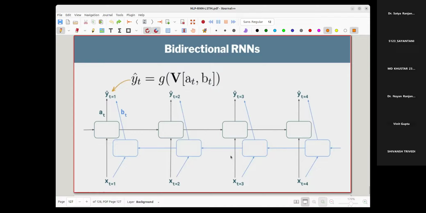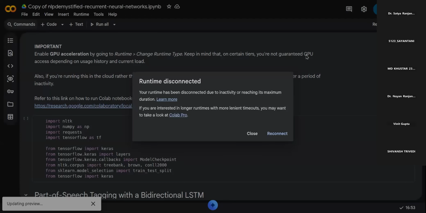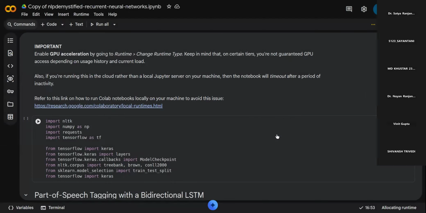Okay. So let's do some hands-on on whatever we have discussed about RNN. Is it visible?